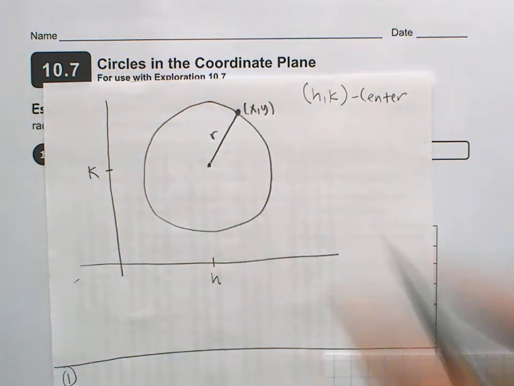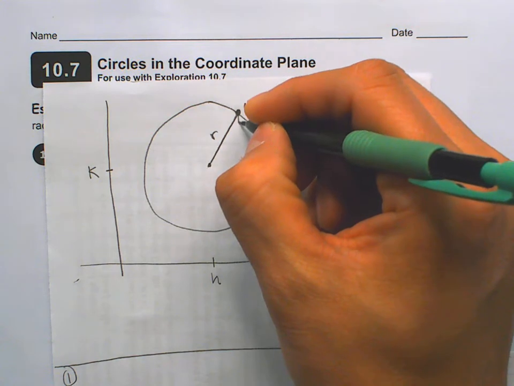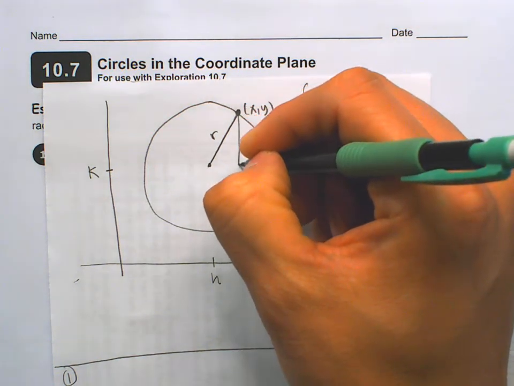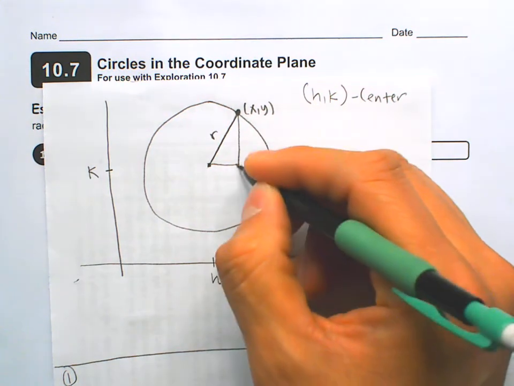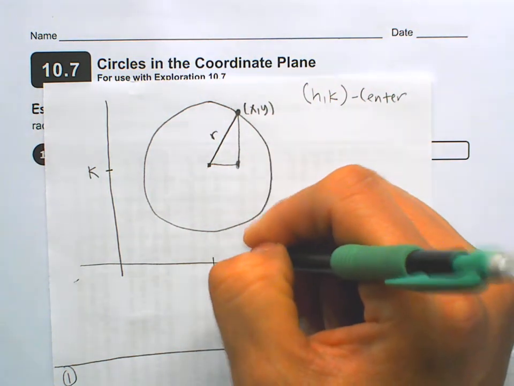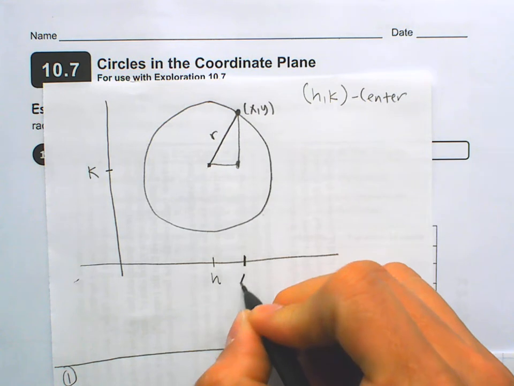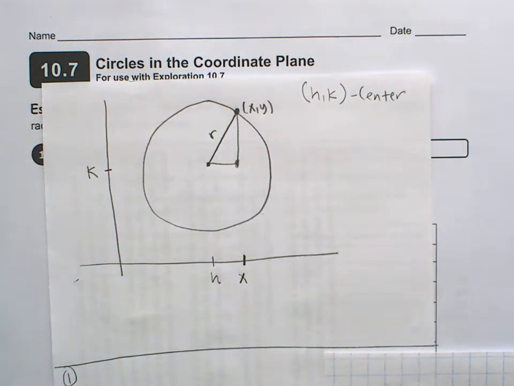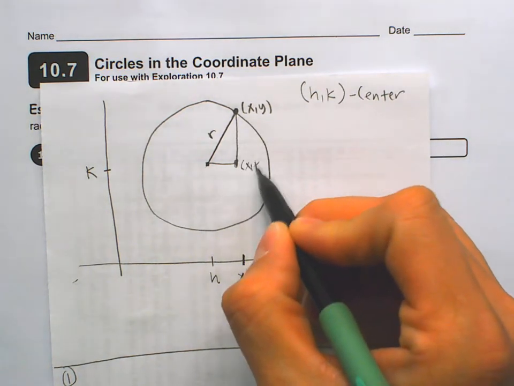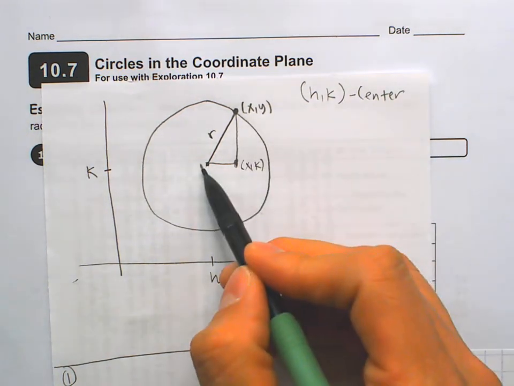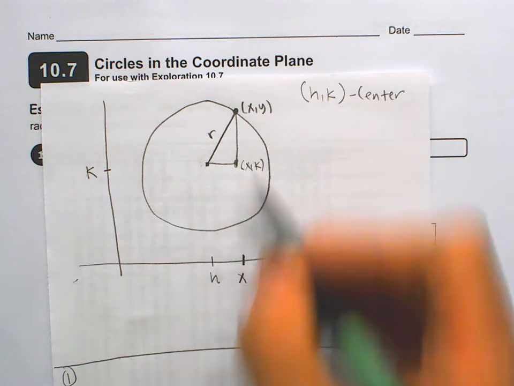So what we're going to do is create a right triangle from this. Now the coordinate for this point right there is going to be x right there. So the coordinate of this one is actually going to be (x, k). And the coordinate of this one, we already know it's (h, k).